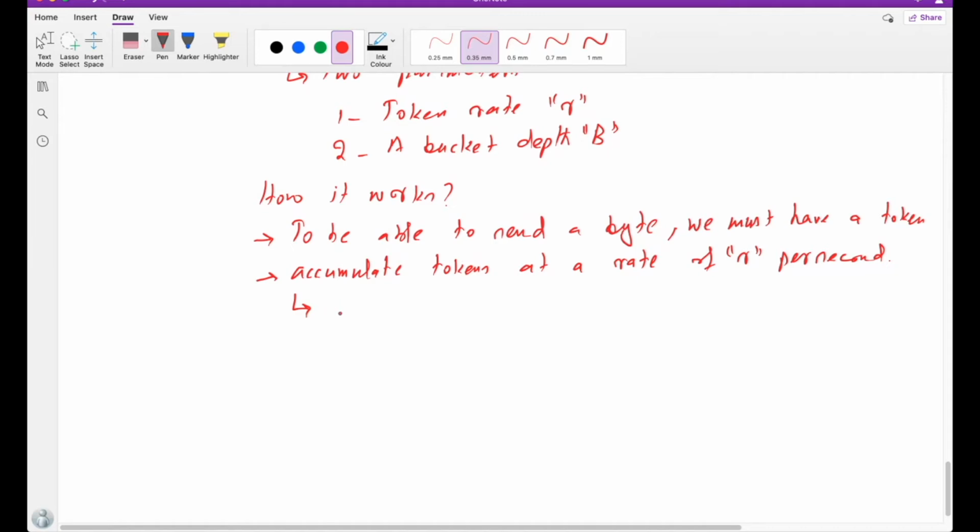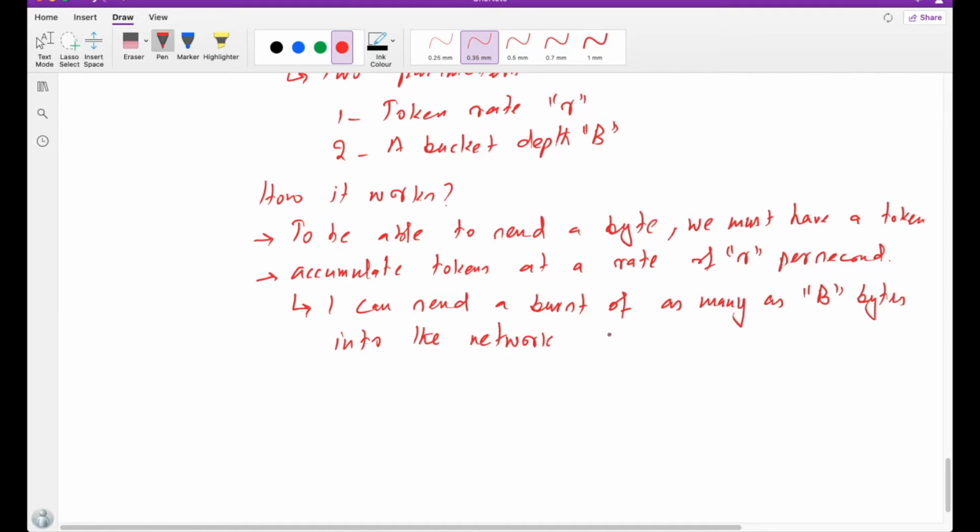So this means I can send a burst of as many as B bytes into the network, and that too as fast as I want.